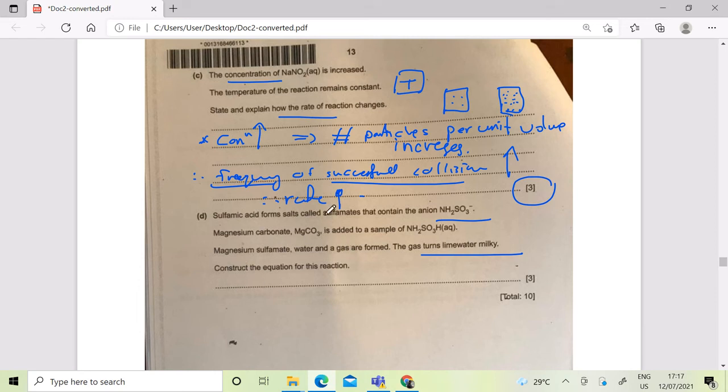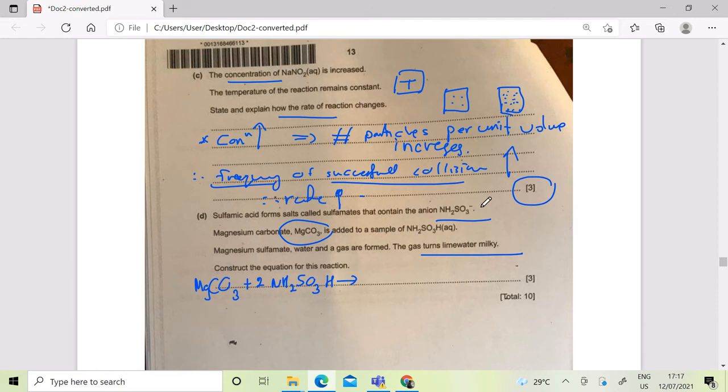You know acid reacts with a carbonate to form carbon dioxide, so that is the main thing being asked. We'll try to write the equation now. Any carbonate produces carbon dioxide. So magnesium carbonate, and your acid this time is NH2SO3H, producing magnesium salt.